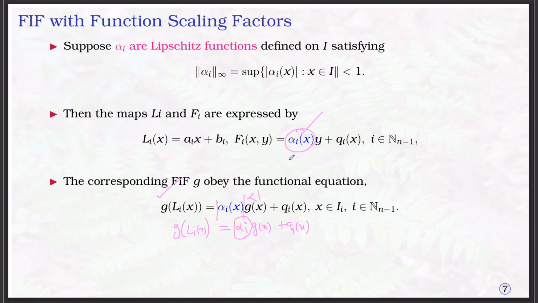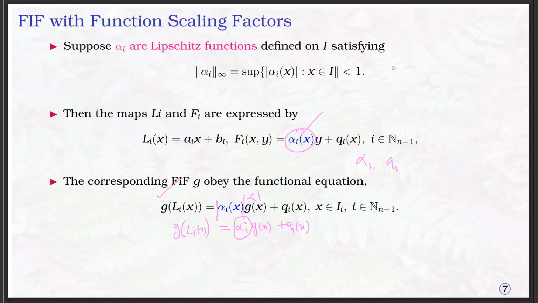So the difference between constant scaling and functional scaling is that the constant scaling behaves the same throughout the interval, whereas in the continuous variable scaling, according to the value of x, it controls the data points in the y direction. So now we have classified and found the importance of alpha I and qi.